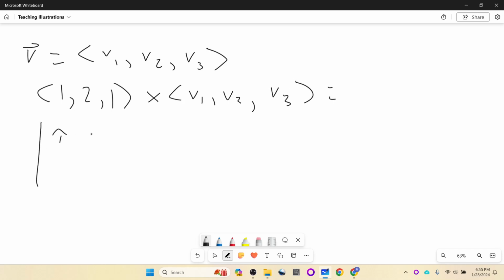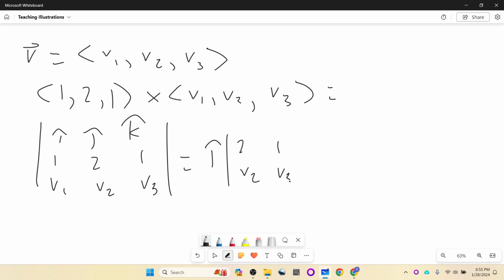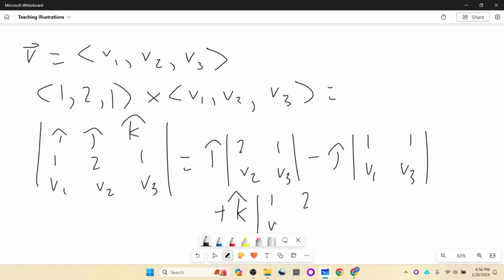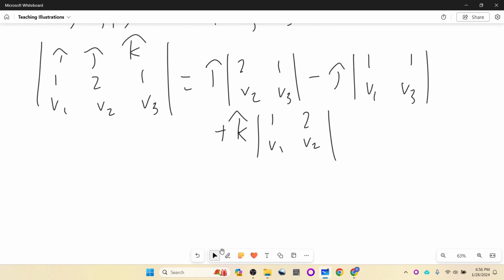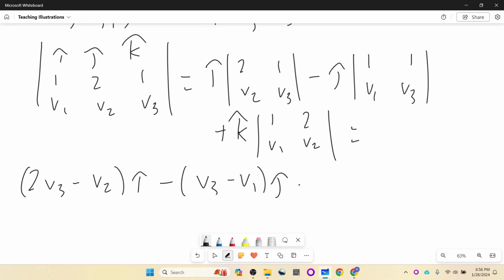And so that becomes I, J, K, 1, 2, 1, V1, V2, V3 is I times (2V3 minus V2) minus J times (V3 minus V1) plus K times (V2 minus 2V1), which is 2V3 minus V2, I, minus V3 minus V1, J, plus V2 minus 2V1, K. And that equals 3I plus 1J minus 5K.